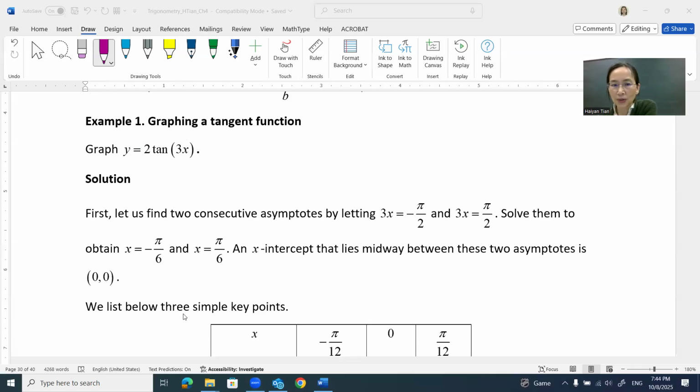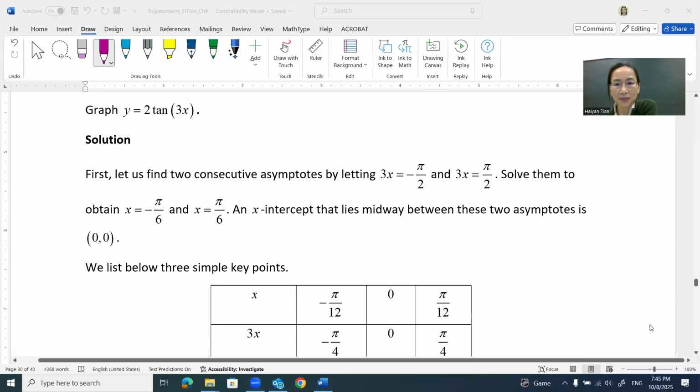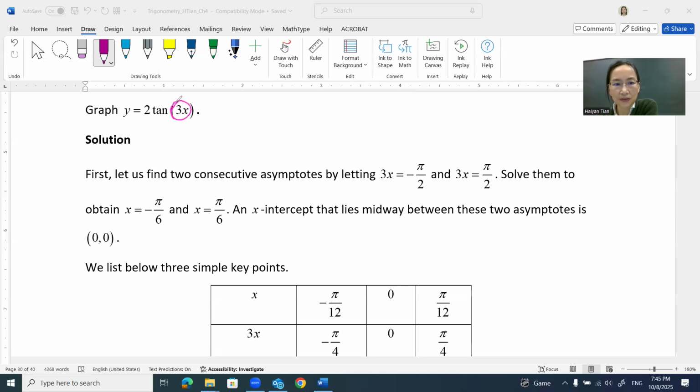So to sketch it, we treat this quantity, whatever that is, let's call that variable t, for example. This part, tangent of t, is just the basic tangent function.